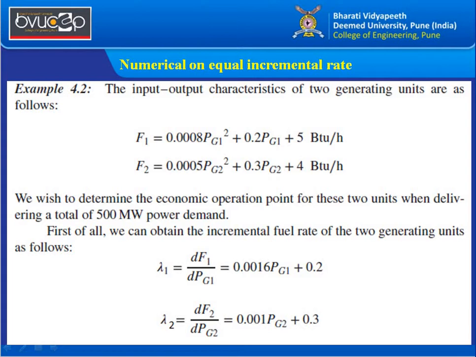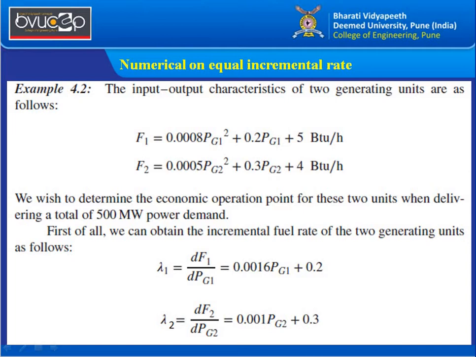So lambda 1 is the derivative of the first generator's function with respect to the first generator's power output. Similarly, the second incremental factor is the derivative of the second function with respect to the second generator output. When we take the derivative of the first equation, we get 0.0016 Pg1 plus 0.2.